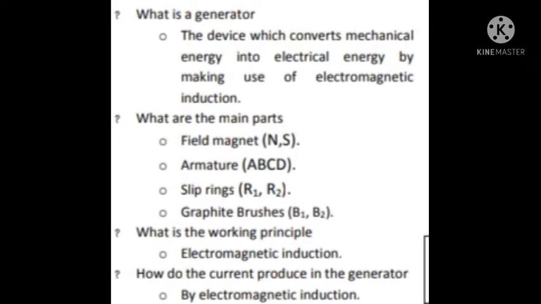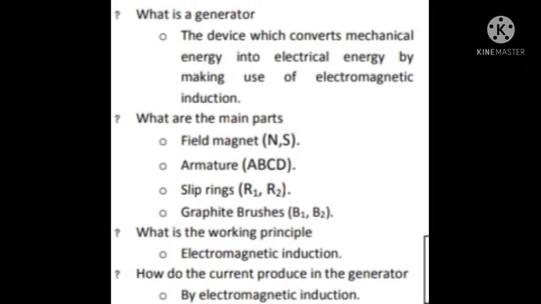What is a generator? The device which converts mechanical energy into electrical energy by making use of electromagnetic induction. What are the main parts of a generator? Field magnet, armature, slip rings or split rings, graphite brushes. What is the working principle? Electromagnetic induction.